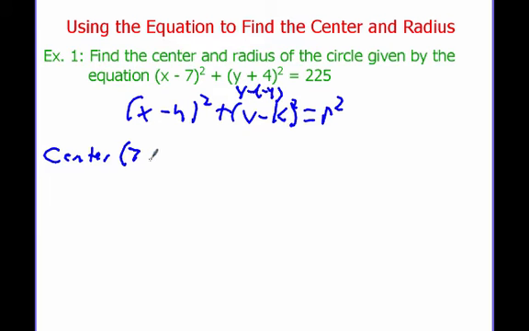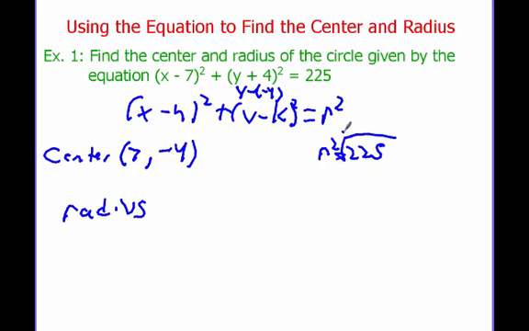So that gives us our center at (7, -4). And then the radius, well, we know r squared is 225. If we take the square root of both sides, we get r equals 15. So our radius is 15.